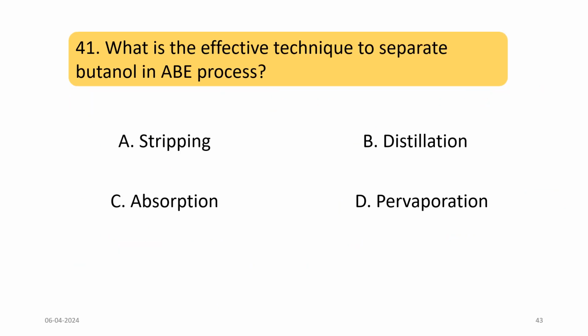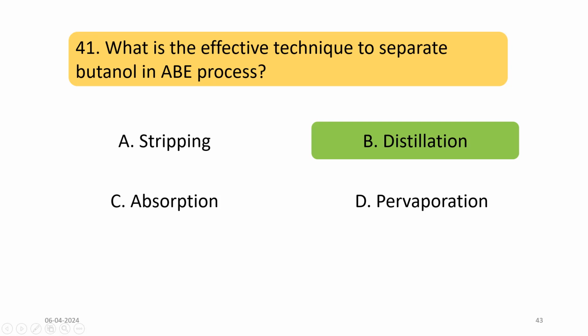Next question: what is the effective technique to separate butanol in the ABE process? The answer is distillation. Distillation is the most effective.